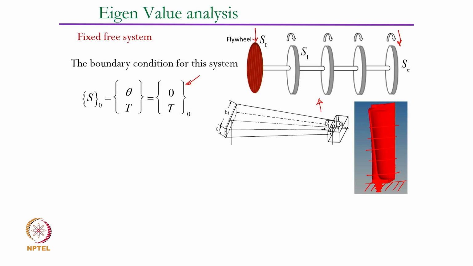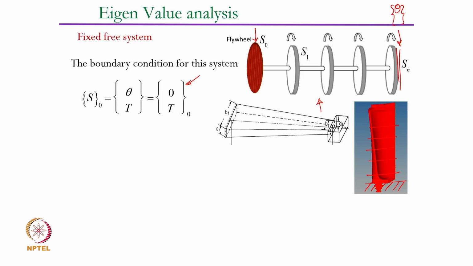What can you say about Sn? What will be the state variable at this extreme end? Can theta be 0 there? A free end, you can't expect that to be 0 at all times. So theta cannot be 0. There will be some non-zero theta value at the free end.